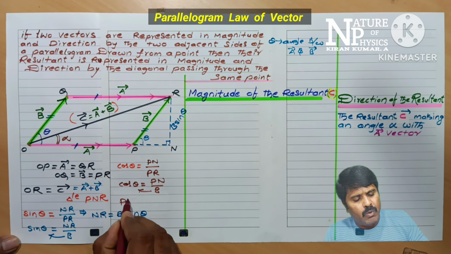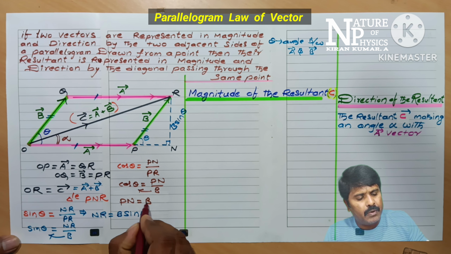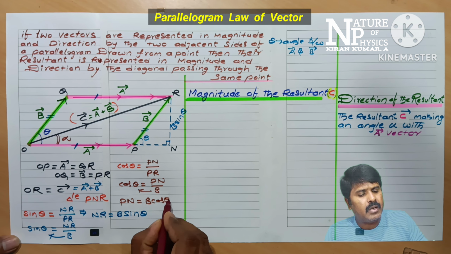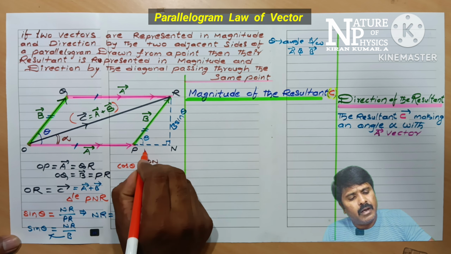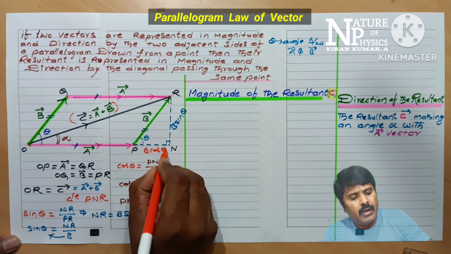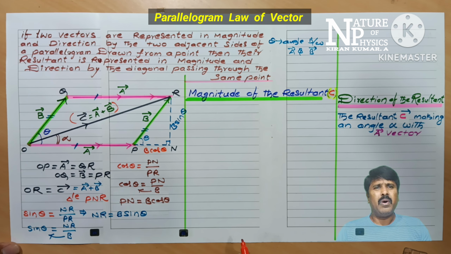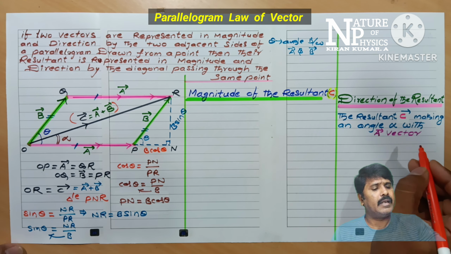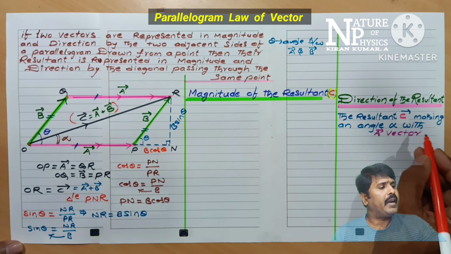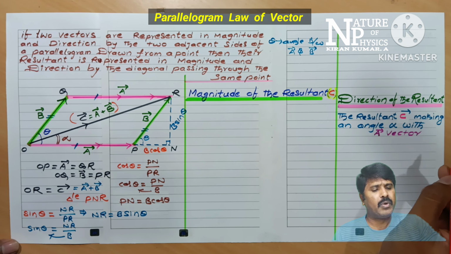So the PN value we also got, which is equal to B cos theta. Here I can replace that with B cos theta. Okay, now we know all the values by the derivation, and next I am going to find the magnitude of the resultant vector and the direction of the resultant vector.